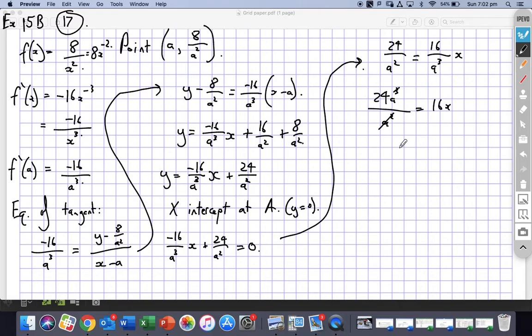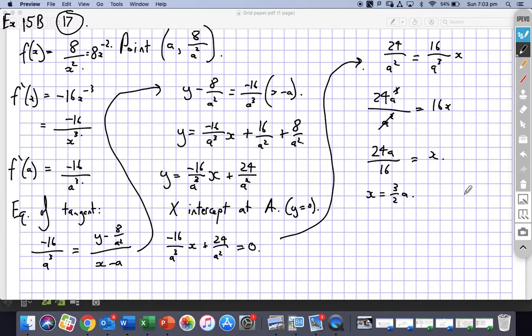And I could say x would have to equal this. Right, so x equals, if we divide these by 8, we get 3 on 2a, right?